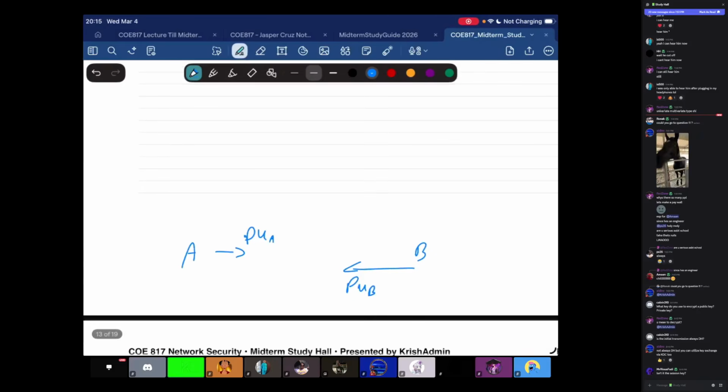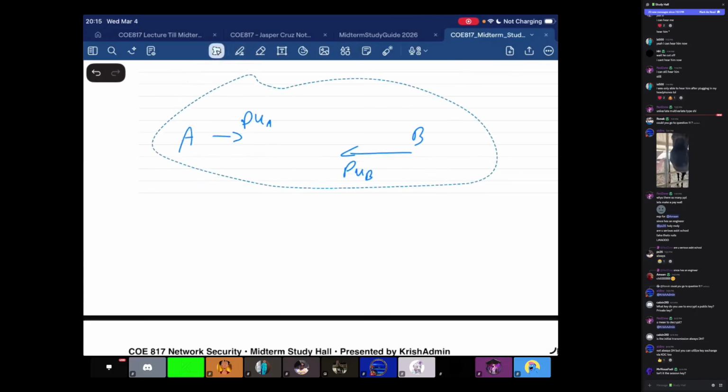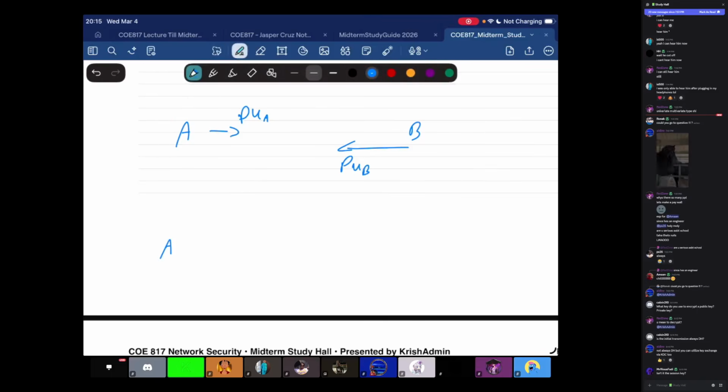And then going forward, let's say any messages to come in the future, when A wants to transmit something, it'll encrypt with its private key, because B can decrypt that with A's public key.